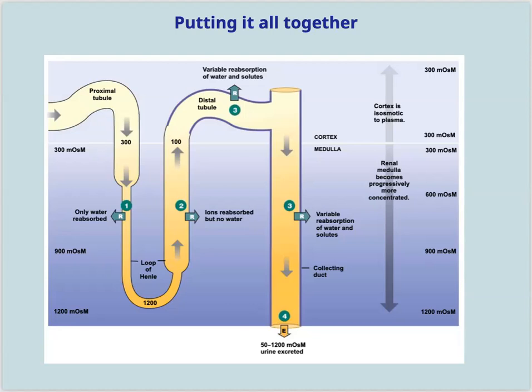The purpose of the countercurrent system is to set up a concentration gradient across the medullary interstitium that can then be utilized by the distal convoluted tubule and by the collecting duct to modulate the amount of water reabsorption that can occur under the influence of the hormones called aldosterone and ADH. So later in this lecture, we'll take a closer look at aldosterone as well as ADH.